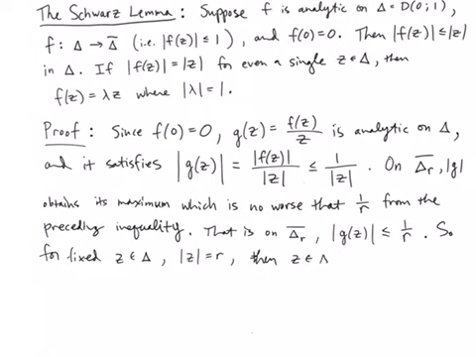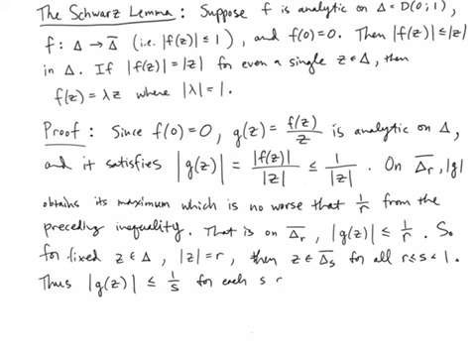So z is in delta sub S, the closure of that, for all S which are bigger than or equal to r and less than 1. So thus the norm of g of z is less than or equal to 1 over S for each S such that S is between 0 and 1.